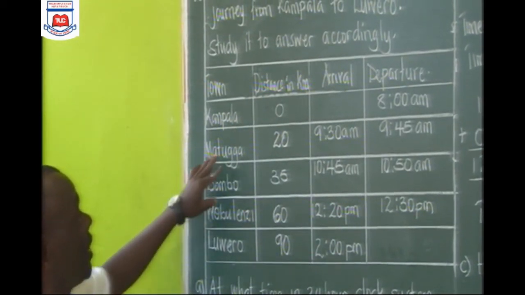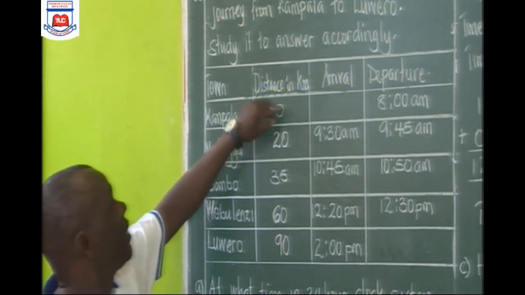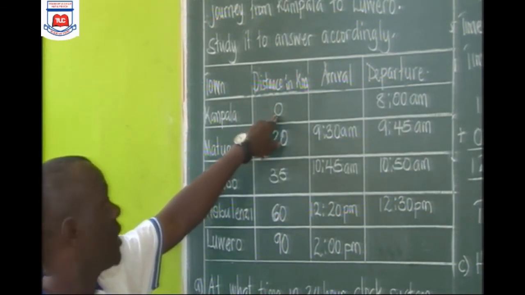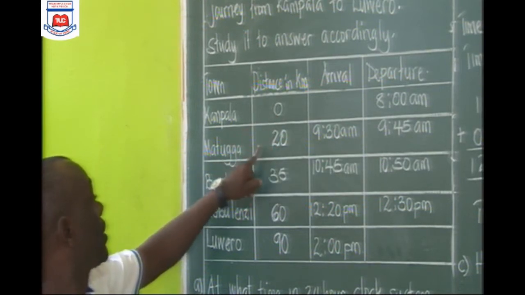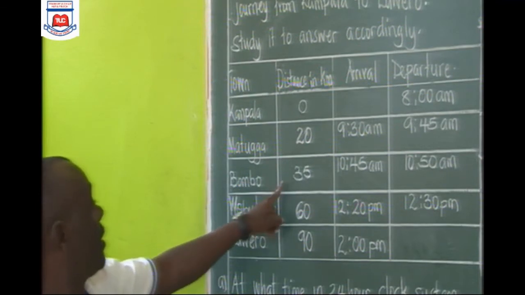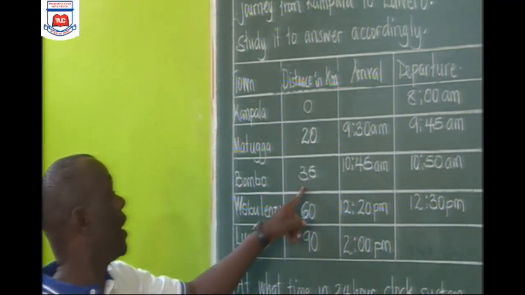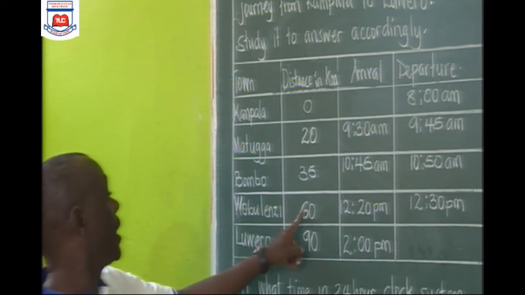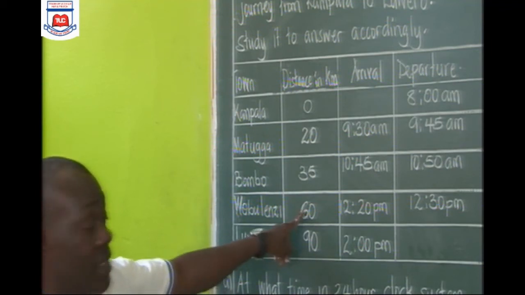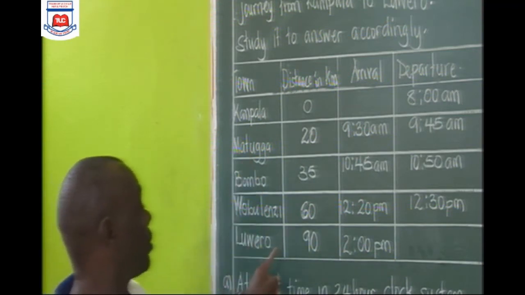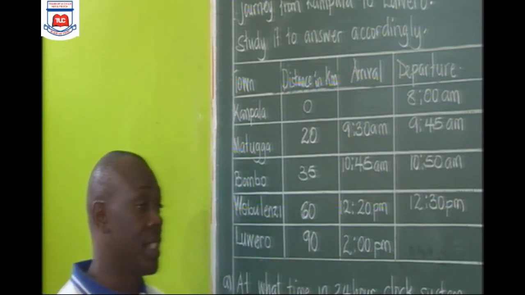That's why the distance from Kampala to Kampala is 0 kilometers. Then the distance from Kampala to Matuga is 20 kilometers. Then from Kampala to Bombo is 35 kilometers. From Kampala to Woblenzi is 60 kilometers, and from Kampala to Luweero is 90 kilometers.